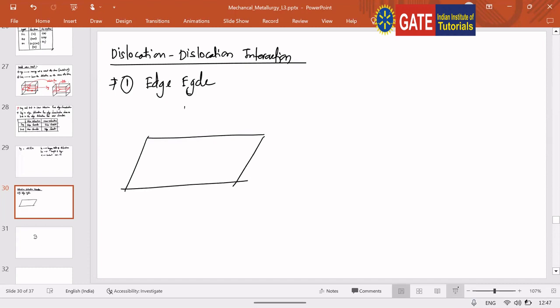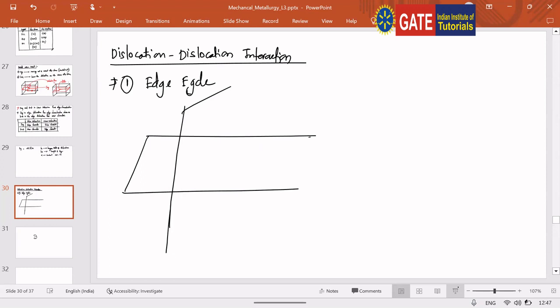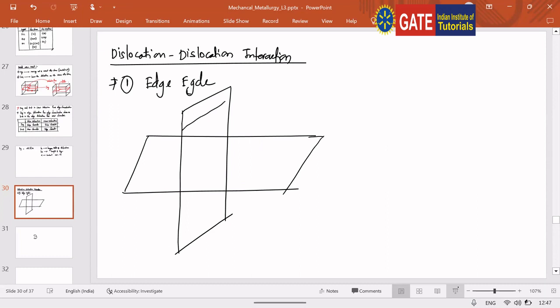This is another slip plane. And basically you can see, for example, this is your extra half plane, right?